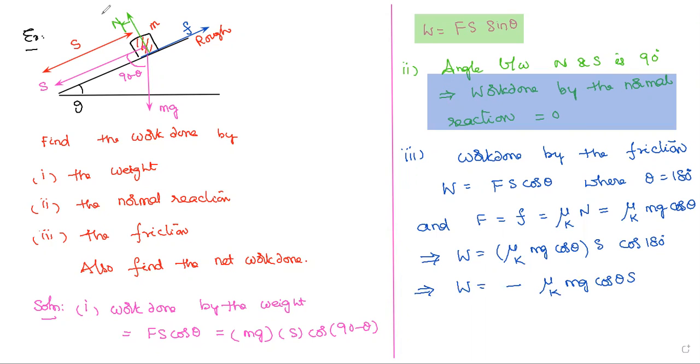So if you keenly observe the three answers here, you can understand one point. Sir, what is that? Simple. Out of the two components, mg sin theta and mg cos theta, mg sin theta is doing some work along the inclined plane.